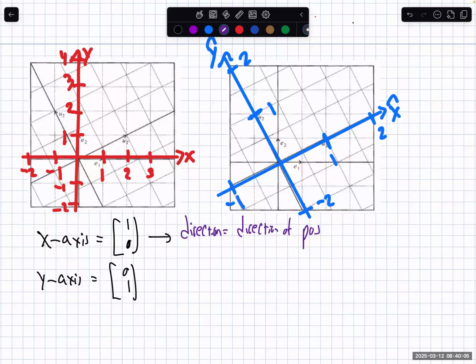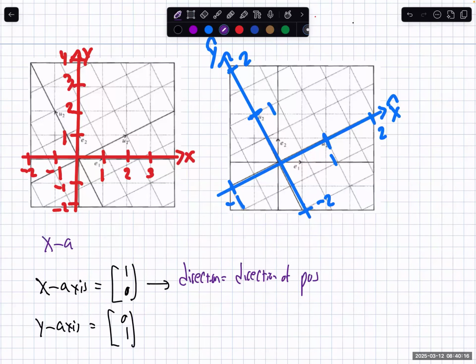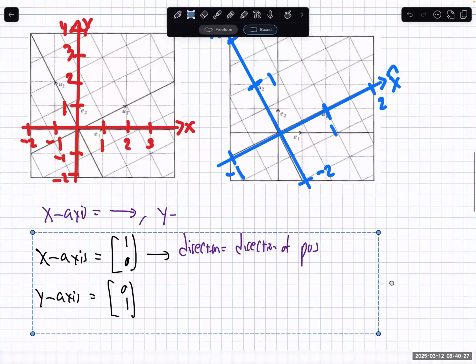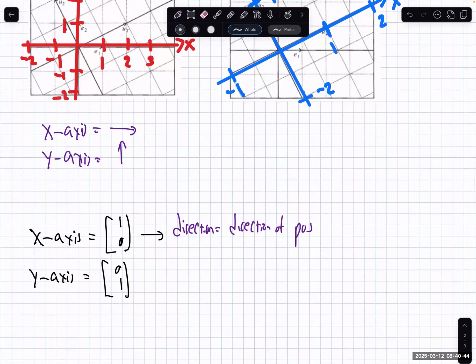Actually, I'm going to change this slightly. Let's do this first. So if you give me 2 vectors, I can completely build the coordinate system.